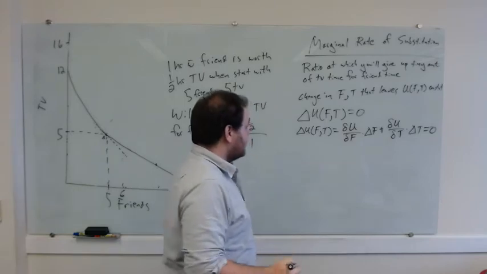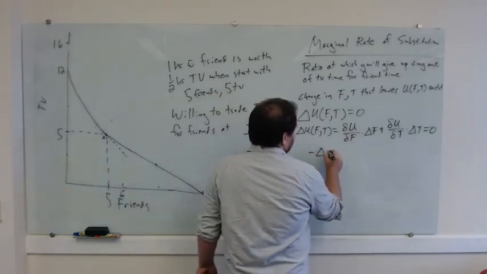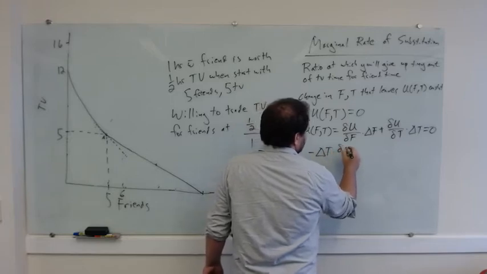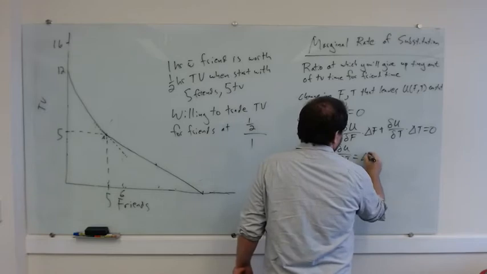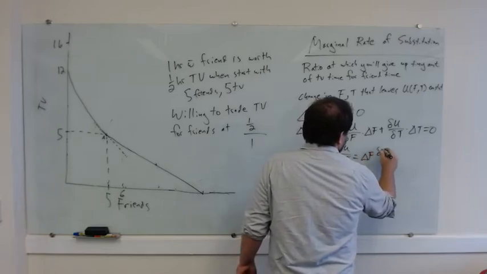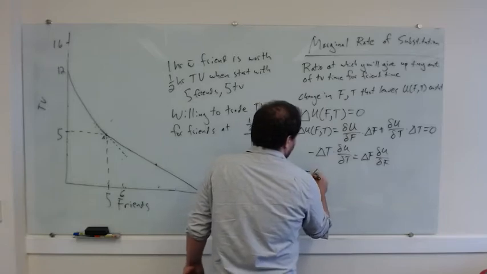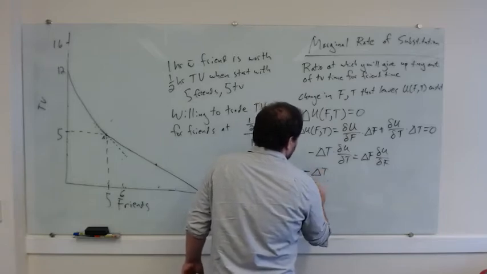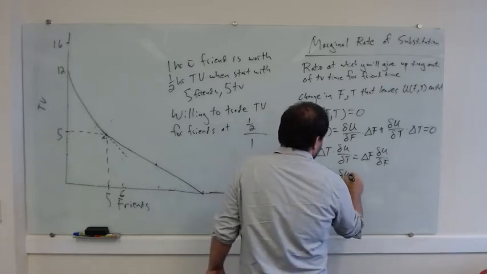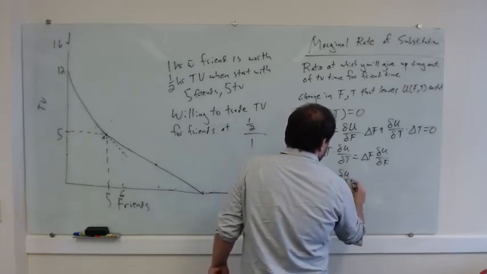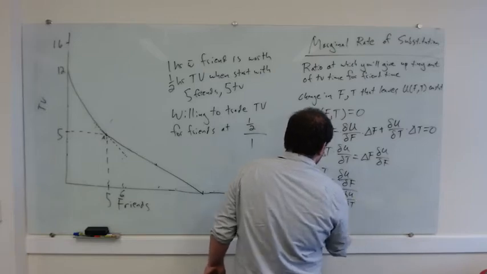So we can rearrange this equation. We can say negative delta T times dU/dT has to equal delta F times dU/dF. So then we get negative delta T over delta F equals dU/dF over dU/dT.